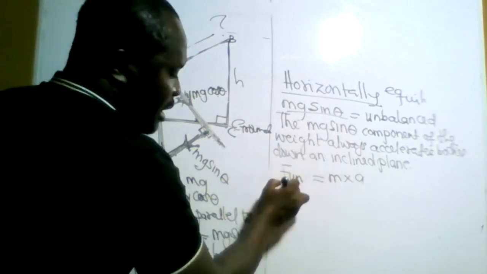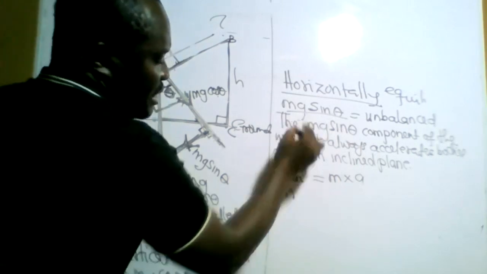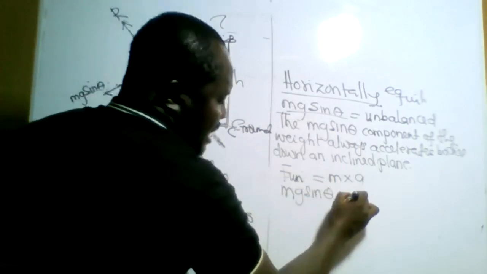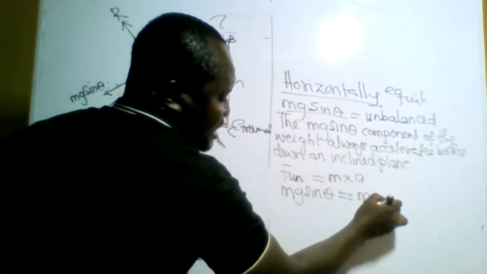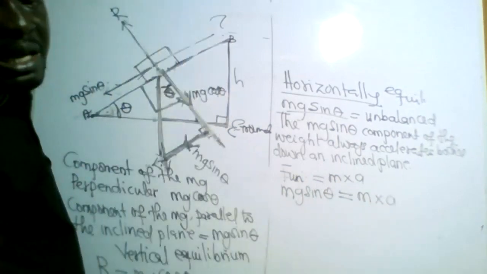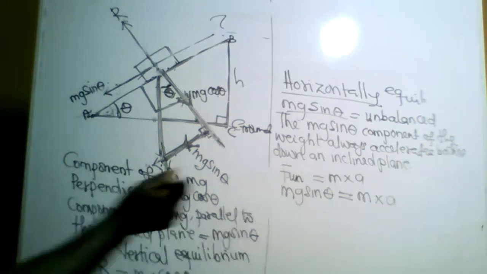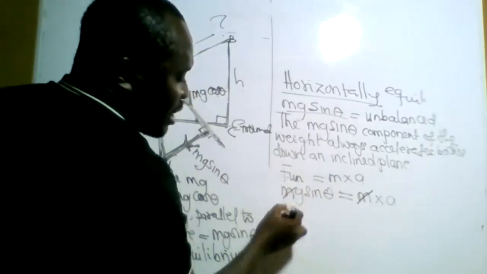Newton says it. So when we put mg sine theta, because that's the unbalanced force, and equate it to m times a, we can find the acceleration of bodies down an incline. m will cancel.